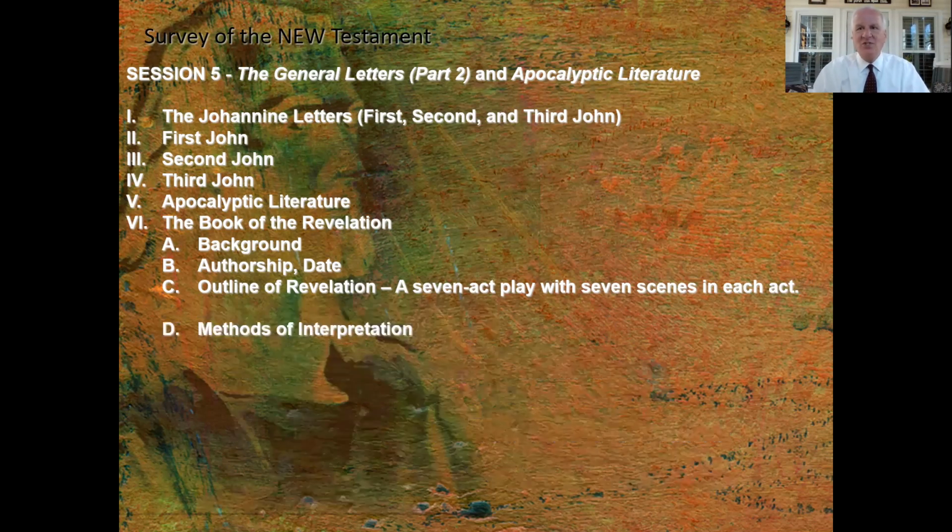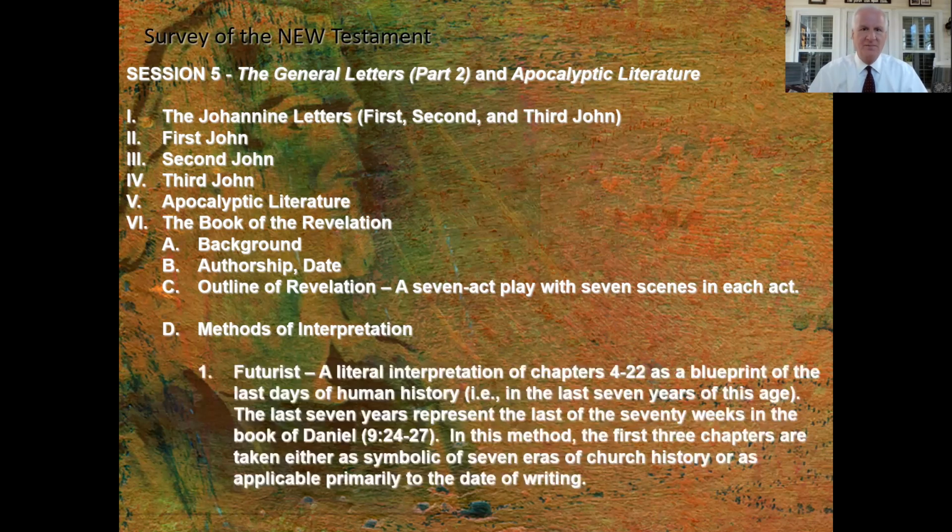Now, as you probably know, the book of Revelation has been interpreted in a variety of ways through the centuries. The first way of interpreting Revelation is the most popular way among a lot of people, and that's the futurist way. It's taken as a literal interpretation of chapters 4 through 22 as a blueprint of the last days of human history.